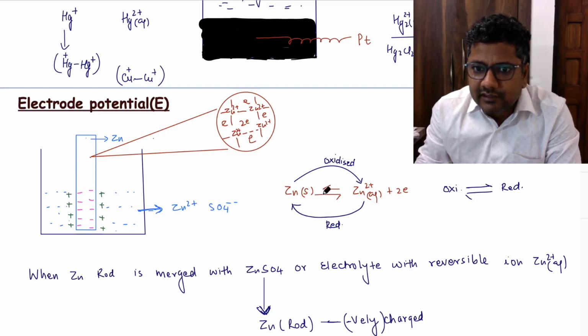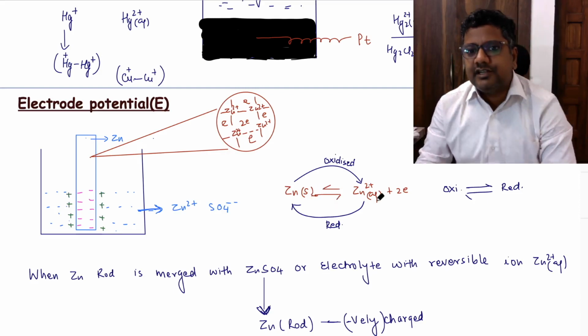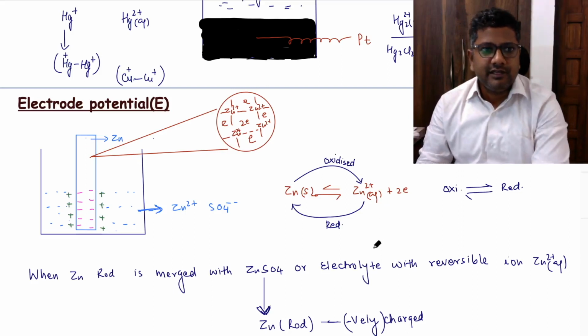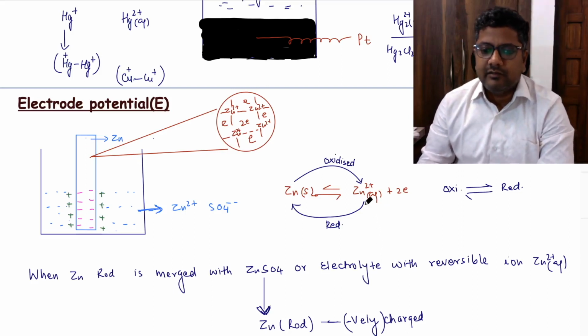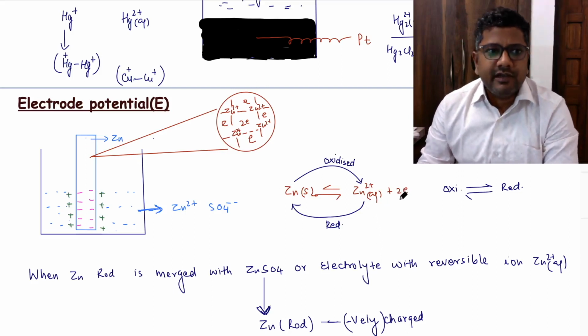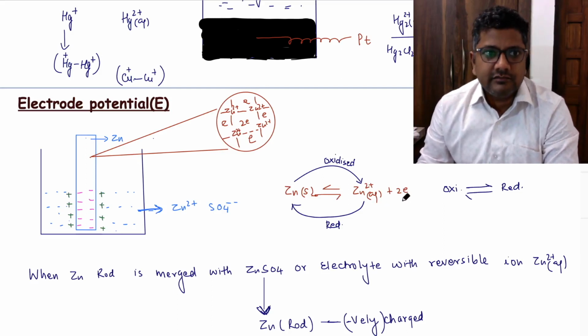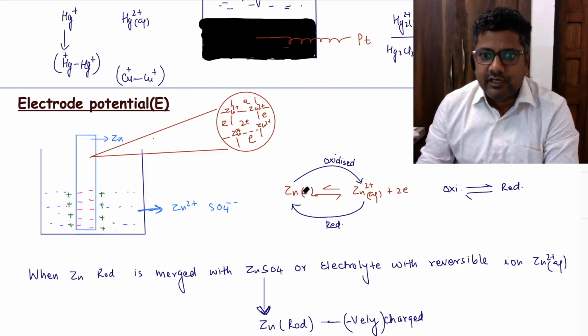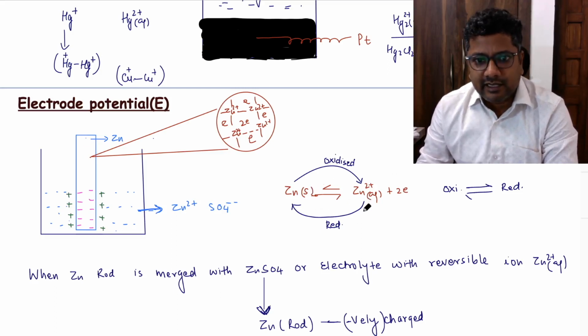So I am making this arrow large, right? A large arrow always represents the shifting of equilibrium. So this equilibrium is shifted in the forward direction, right? Now it is clear. So this is a dynamic process. So equilibrium is shifted on the right hand side.